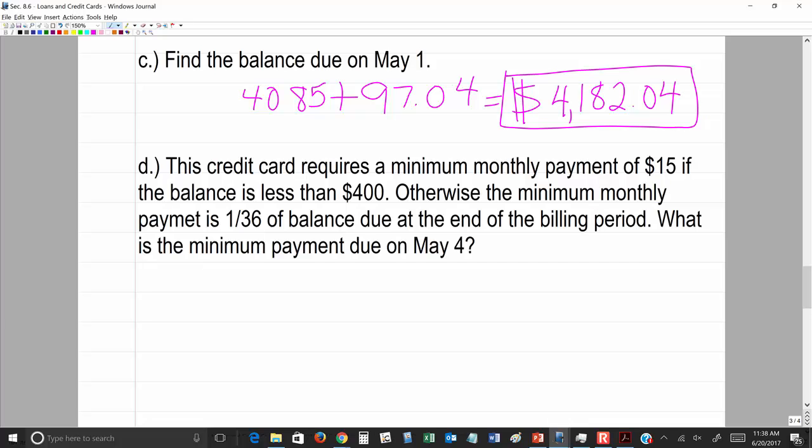So you just take that balance from the previous part and divide it by 36 because it's 1/36th. So then you have 116.17.